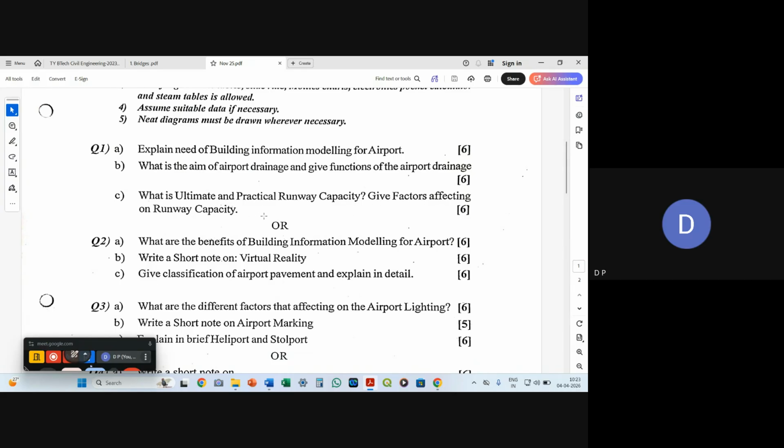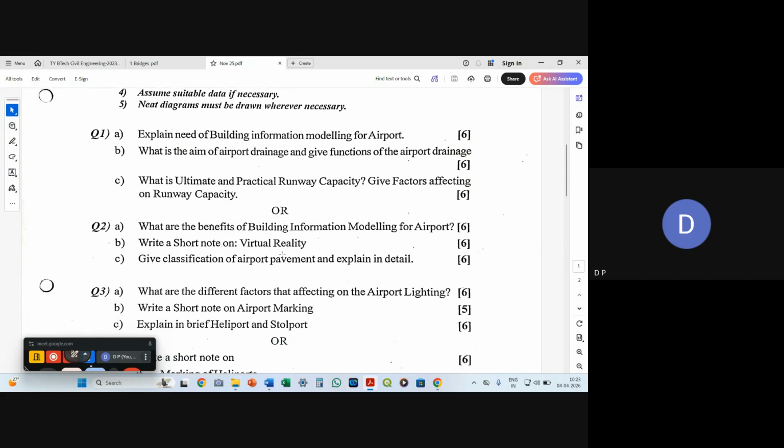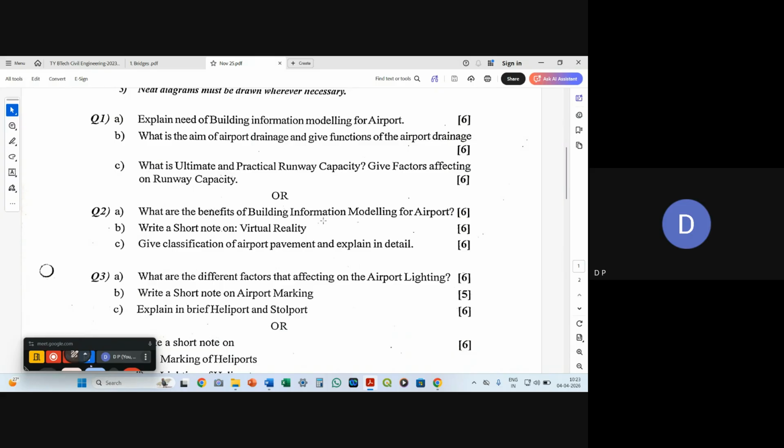Give factors affecting the runway capacity. Runway capacity is nothing but the number of flights attended in a particular time. So what is ultimate, practical, that we have seen in our theory. Then what are the benefits of BIM modeling for airport? So in advance, we can visualize the components, we can make corrections, walk through, feel we can take.